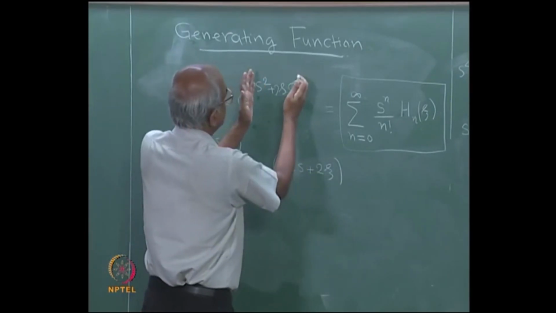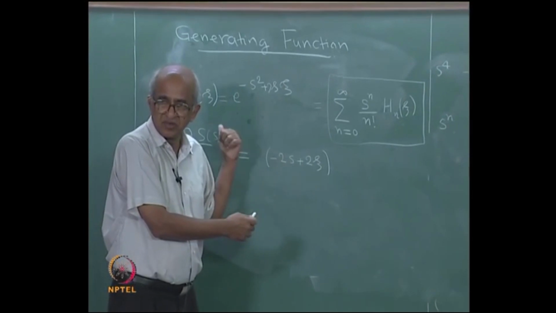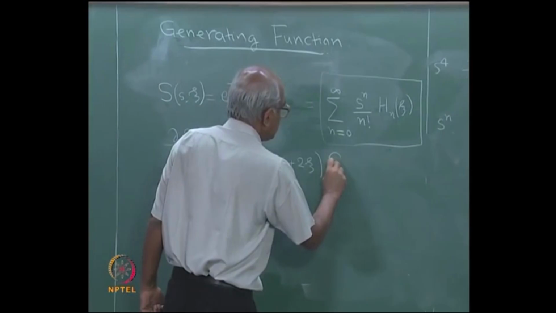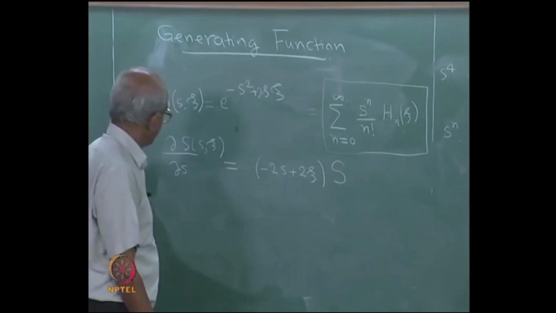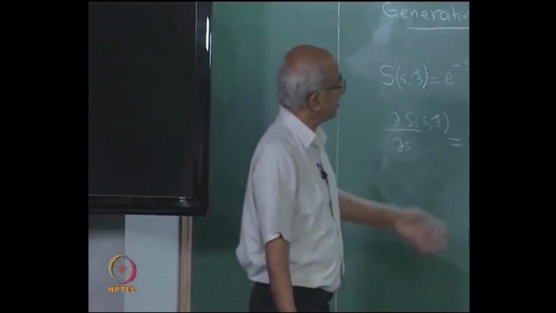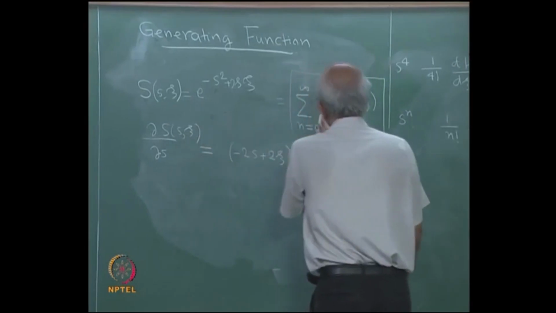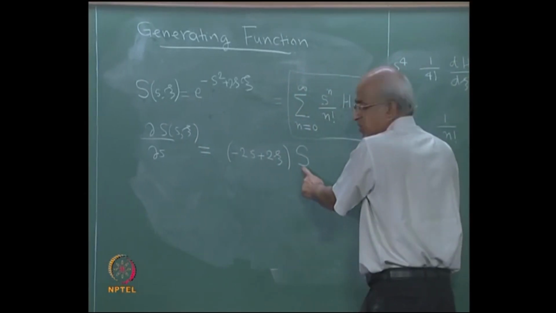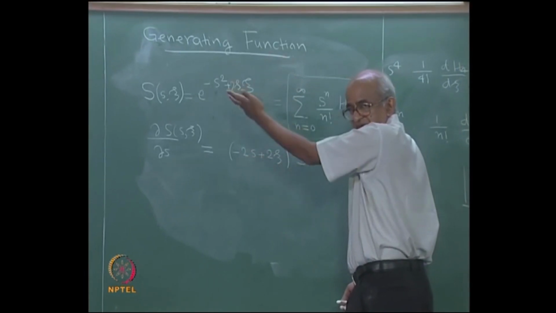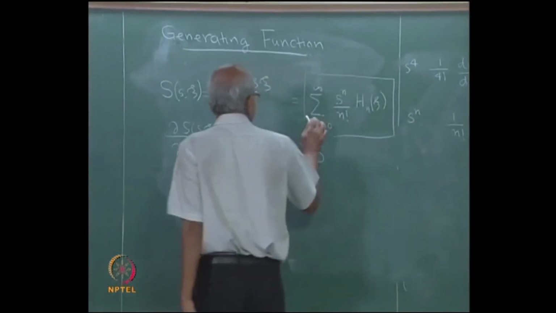The derivative of this exponent is minus 2s plus 2c, because I am differentiating partially with respect to small s into capital S, right? Procedure is just the same as before. I will now evaluate the left hand side using this expression. I will substitute the same expression into here and then equate the coefficients of s to the power of n, correct. This is what I will do. Let me see what the result is.